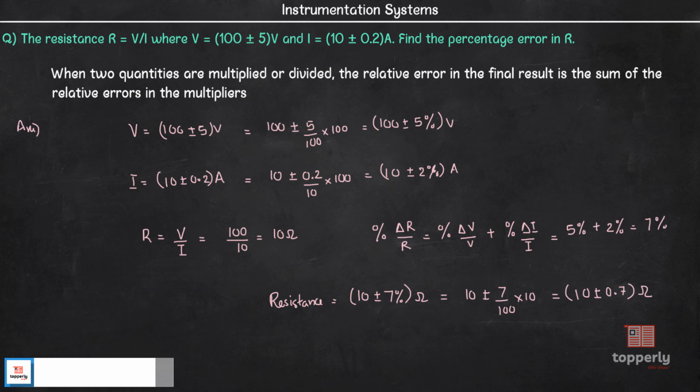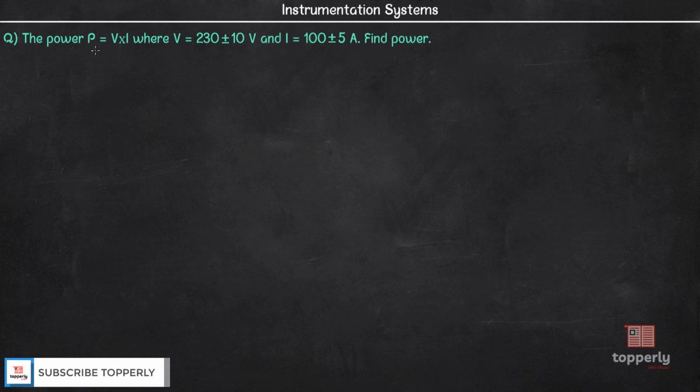Okay, let us see one more example. The power P equal to V into I, where V is equal to 230 ± 10 volt and I is equal to 100 ± 5 ampere. Find power. Okay, so first we will convert the errors into percentage error.